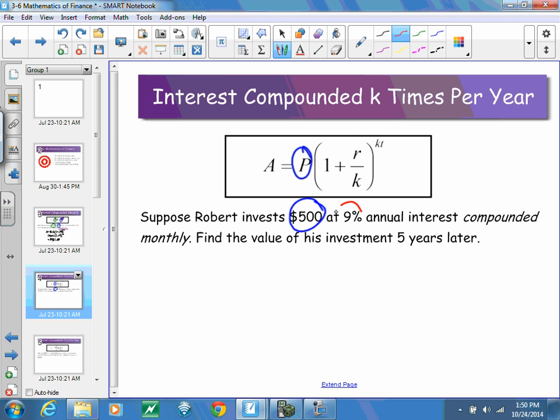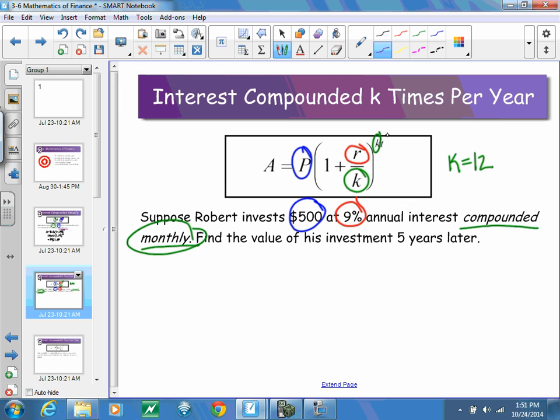It's going to be invested at an interest rate, and here we have 9%. And this K value is representing how many times it is being compounded. Since it's being compounded monthly here, our value of K is going to equal 12. If it said that it was compounded annually, K would equal 1. Semi-annually, 2. Quarterly, 4. Monthly, 12. Or daily, 365. And I'm going to put that K into two separate spots.